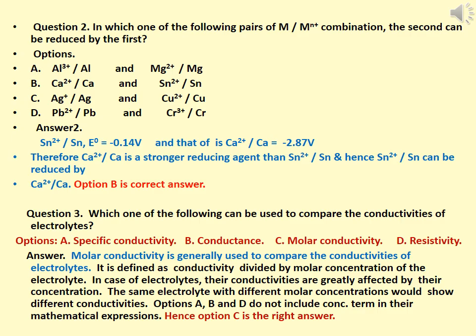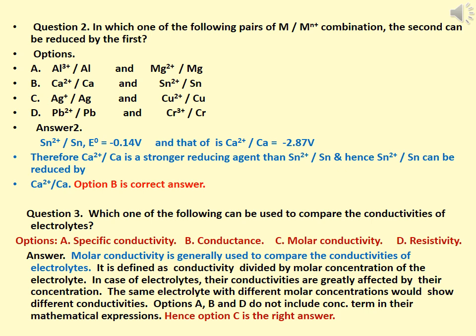To answer this question, a student should have some knowledge of where these metal ion combinations lie in the electrochemical series. I have gone straight to the answer. I have taken the standard reduction electrode potential of Sn2 plus bar Sn.